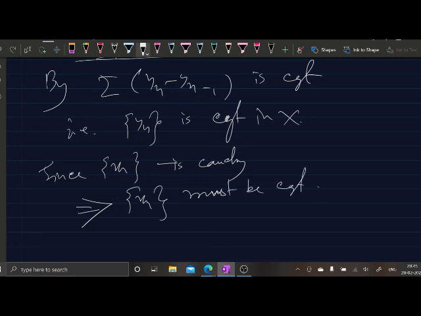It is also another problem. Since xn is Cauchy and you have already proved that there exists a subsequence which is convergent, that means the original sequence must be convergent.